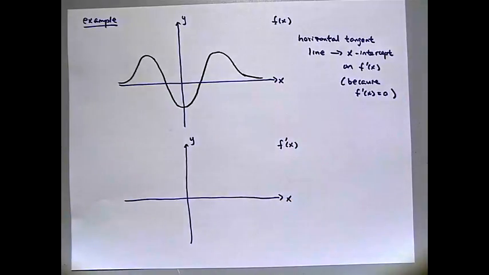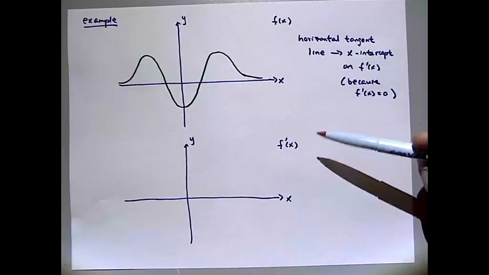Horizontal tangent line, a horizontal line has zero slope. So if I could find out where those things happen, then I know I have x-intercepts on my f prime graph. At those x's, f prime will be precisely 0.